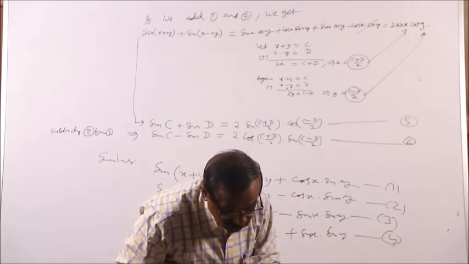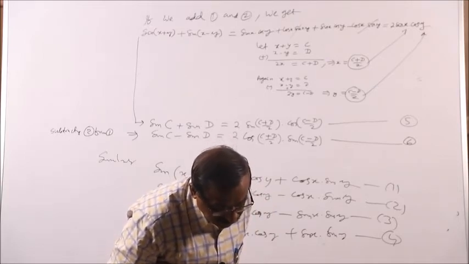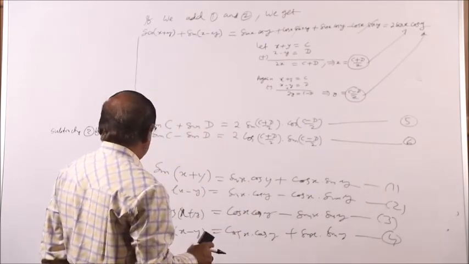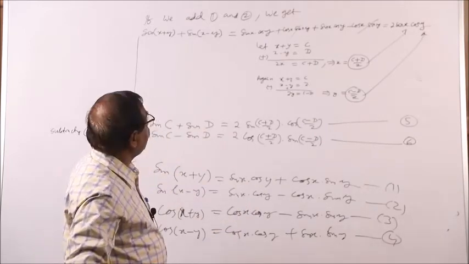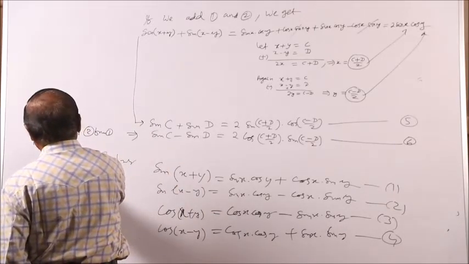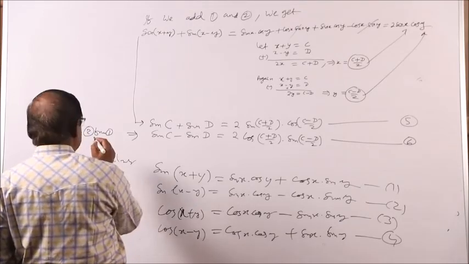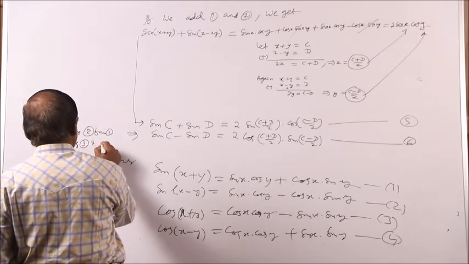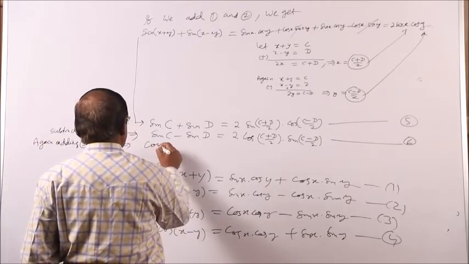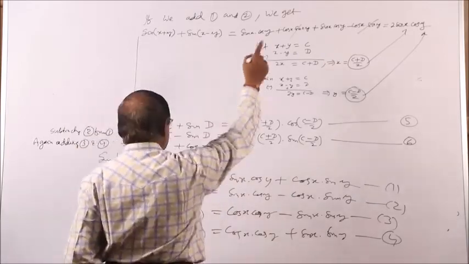Now again we will go to cos x plus cos y. Again adding 3 and 4, that is cos c plus cos d, the same, because I have taken x plus y as c.